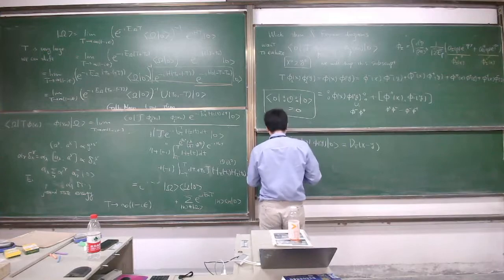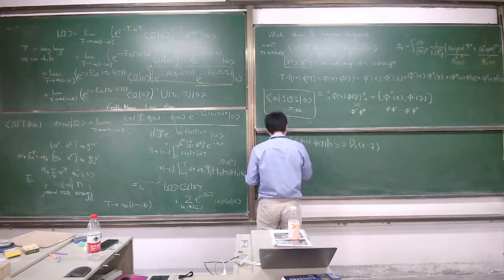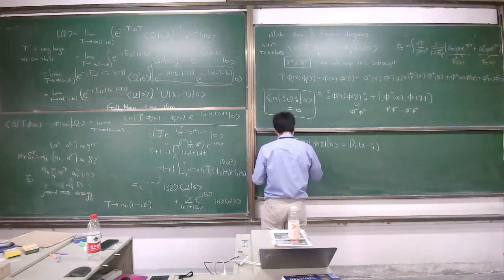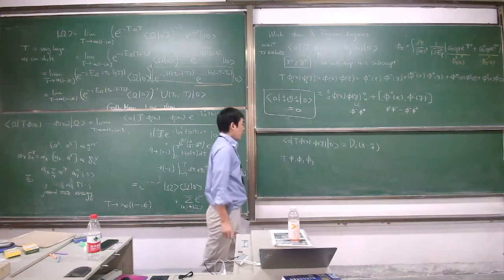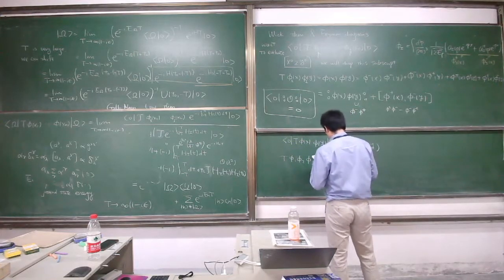So if you have, for instance, the time ordering of phi 1, phi 2, phi 3, then what we have is the normal ordering.